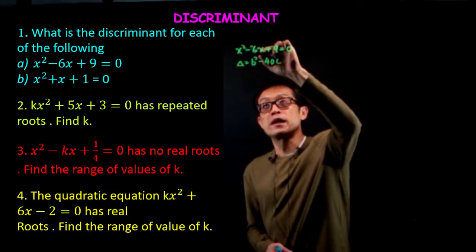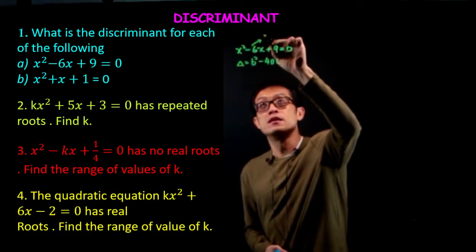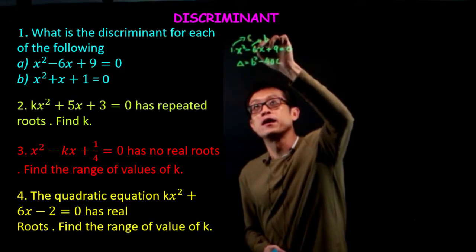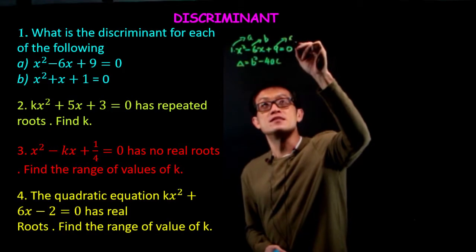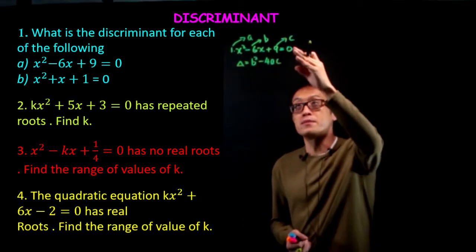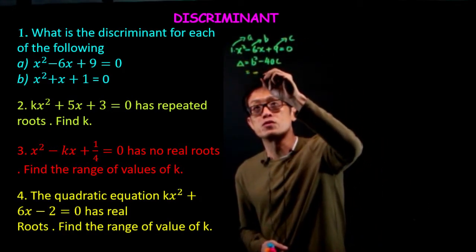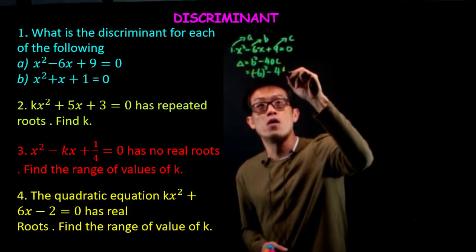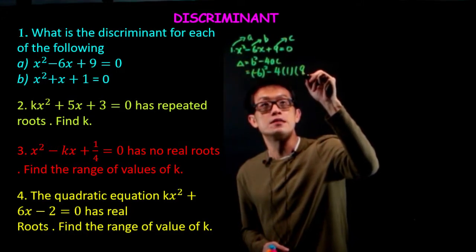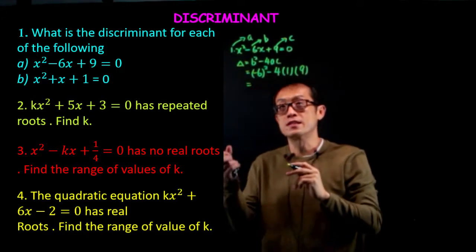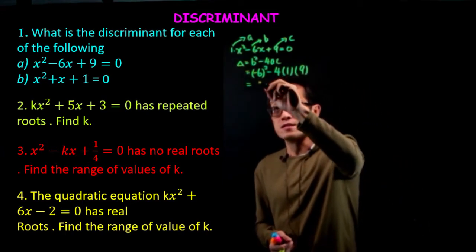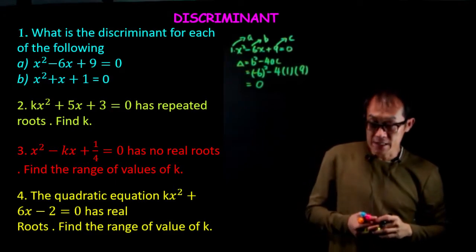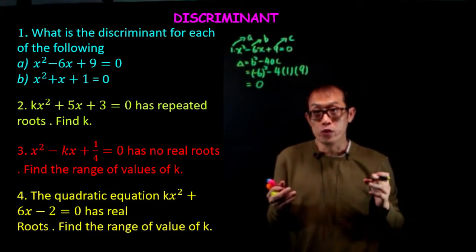Here minus 6 is b, 1 is a, and 9 is c. So you just simply substitute. This is equal to minus 6 squared minus 4ac. And what is this answer? This is 0. And we learned earlier, what does it mean by discriminant 0? That means it has repeated roots.